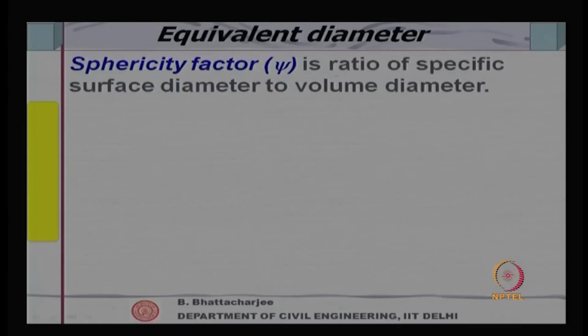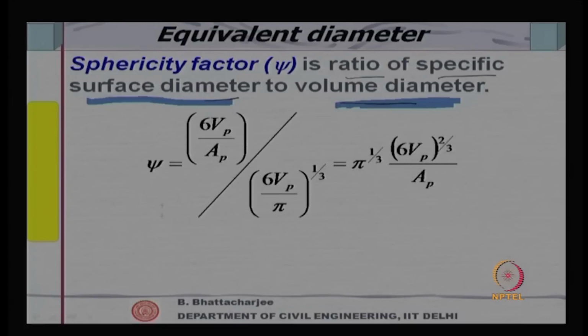It is the ratio of specific surface diameter to volume diameter. That is the idea. We have seen how we define volume diameter. Therefore, this is given by this formula.